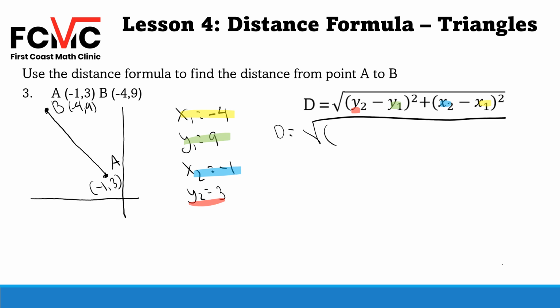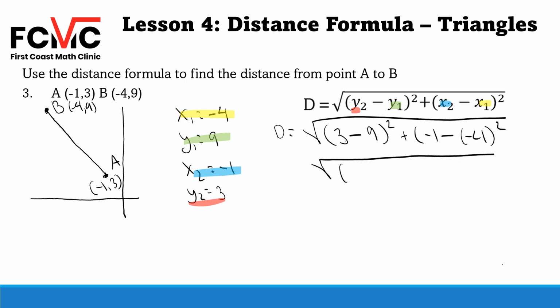So in our parentheses, we're going to get 3 minus 9 squared plus the difference in our x coordinates, x2, negative 1 minus negative 4 squared. 3 minus 9 is going to give us negative 6 squared plus, use our subtraction rule, keep, change, so it becomes plus positive, and we're going to get 3 here, so 3 squared.